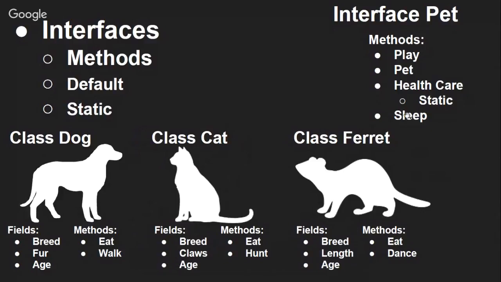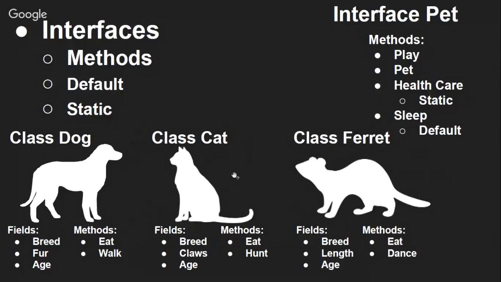We can create it like a default one. So if it's not implemented in the older classes, they'll do the default behavior that we specify on the interface, and we can specify the new behavior in the class ferret, and just forget about implementing it on the dog and the cat.